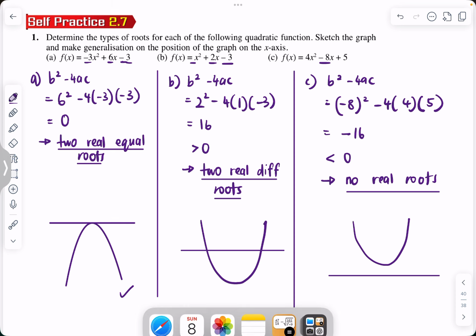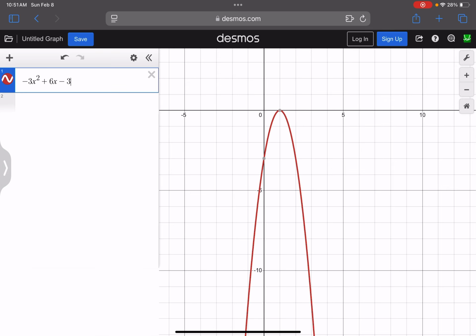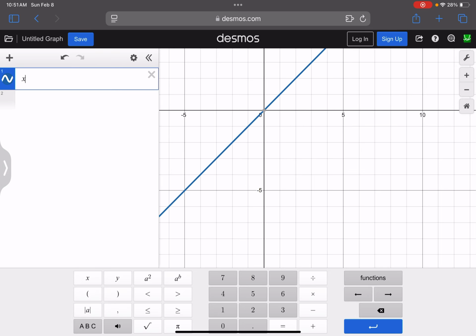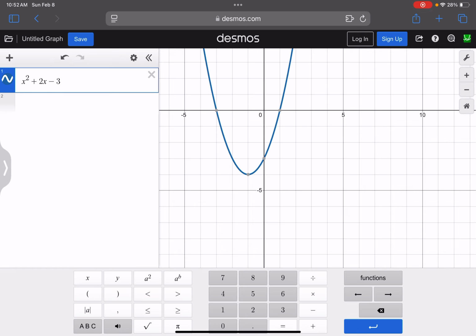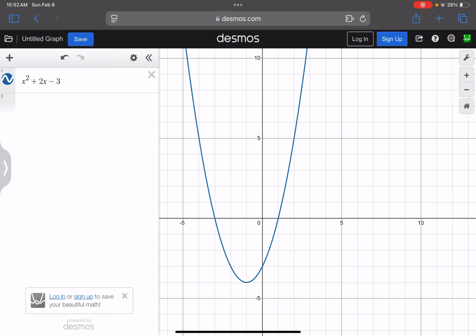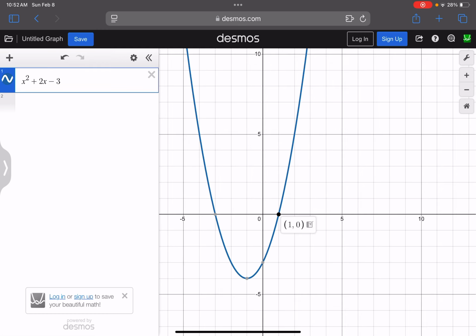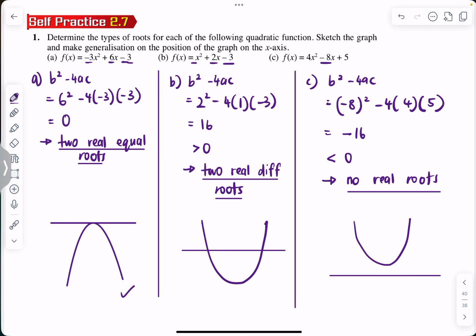B, x square plus 2x minus 3. This is our graph. It cuts at two different roots, and it's a smiley face, which is correct.